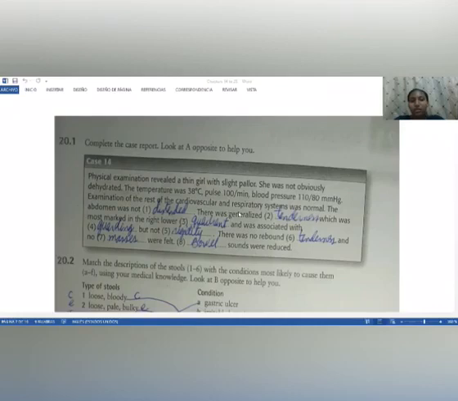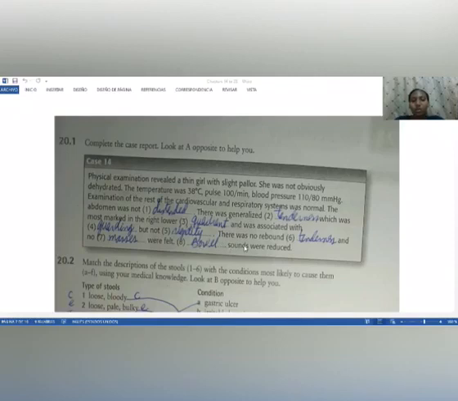There was generalized tenderness which was marked in the right lower quadrant and was associated with guarding, but not rigidity. There was no rebound tenderness and no masses were felt.